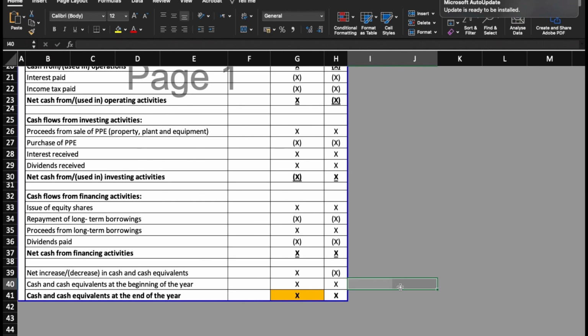So you need to deduct that bank overdraft to reach this amount, which must be equal. If your cash and cash equivalents balance is not matching with the cash and cash equivalents in your financial position, that means there is something wrong and you need to correct it and find out the incorrect points.